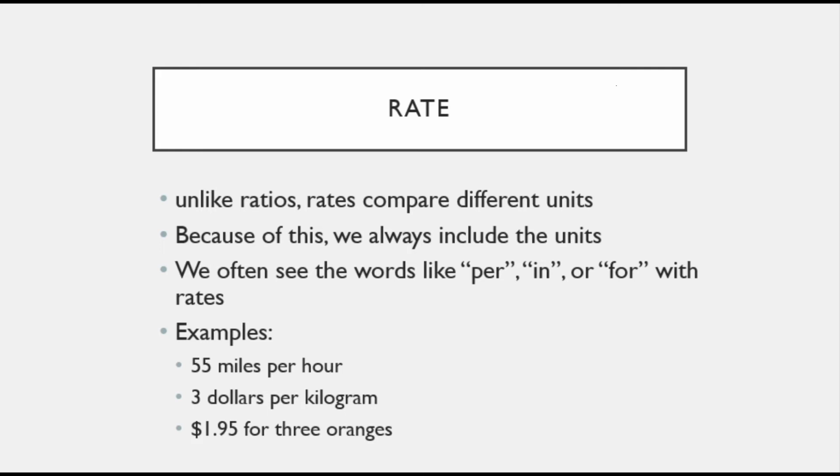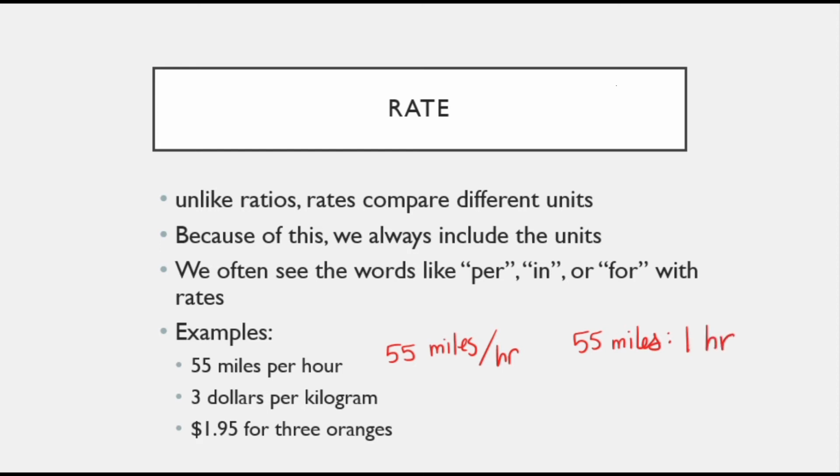So if we look at this, 55 miles per hour, that's 55, and notice that word per is always there for most of them. In, per, for are keywords. 55 miles per hour, so we're comparing miles per hour, which is really like we're saying 55 miles to 1 hour, right?